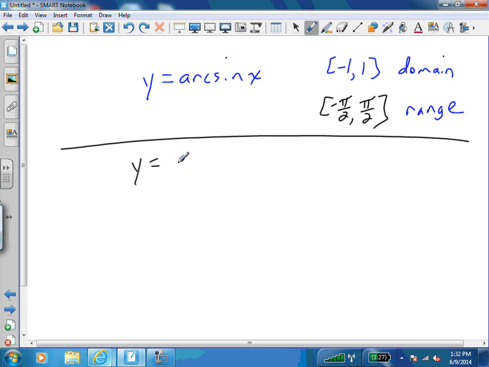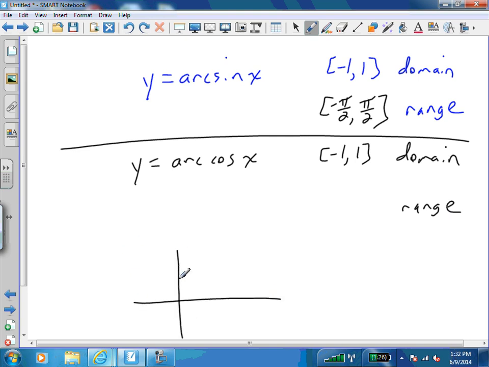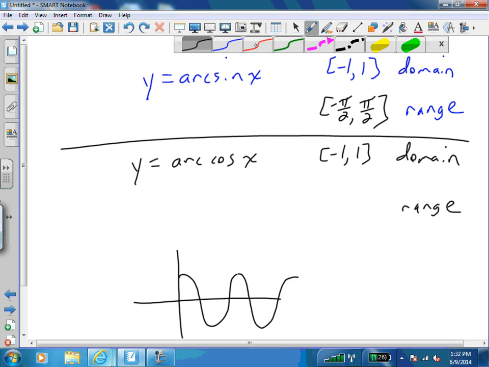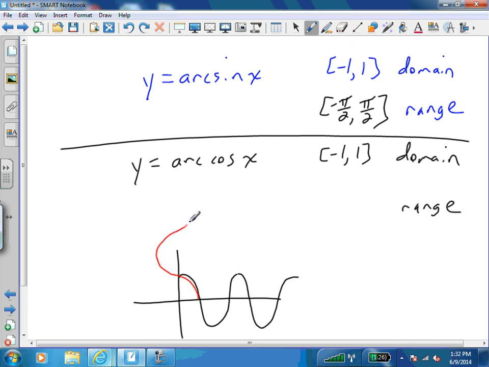For cosine, still x is our ratio, and for cosine our ratios can only be from -1 to 1. The same thing happens when we take a cosine wave that goes on forever and ever. So if we rotate that, it goes on forever and ever, up and down the y-axis.